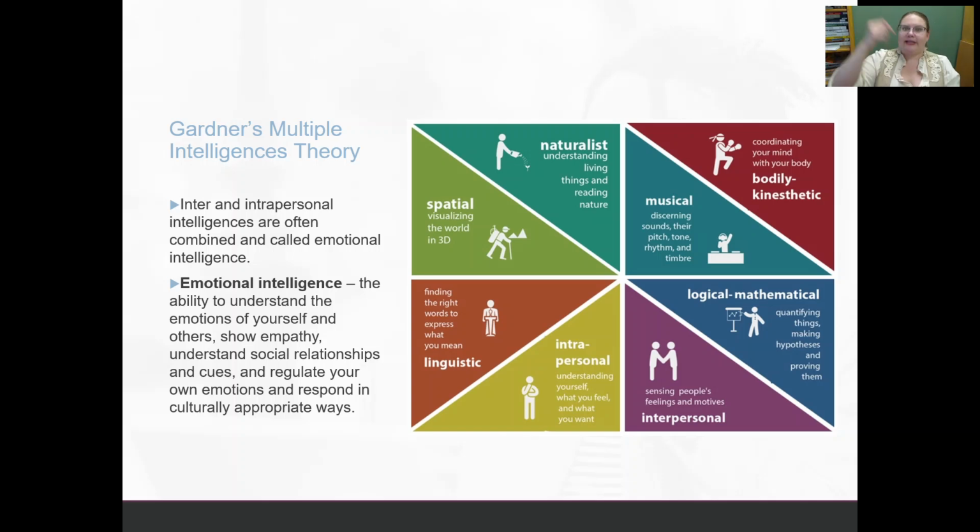So intra is internal, inter is external. So sensing other people's feelings and motives. You'll notice that I said 9 and only 8 of them are listed here. The 9th one is actually emotional intelligence, which is the combination of intra and interpersonal intelligence.